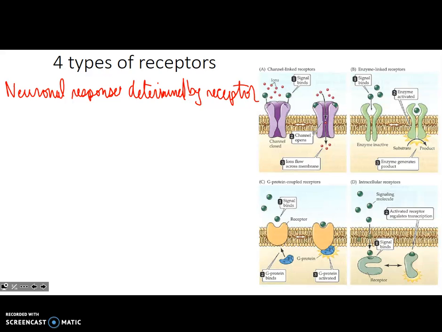We can say that GABA mediates inhibitory neurotransmission, but that has to be through a GABA A receptor, and don't forget there's a metabotropic GABA B receptor.